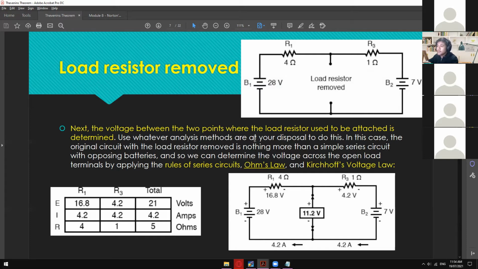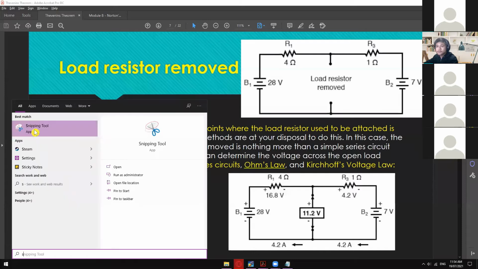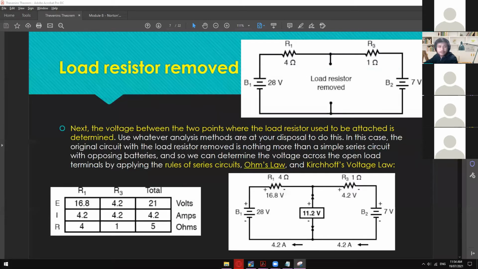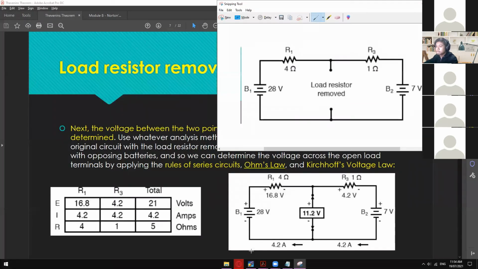Now let's have the solution for the RTH. Let me just copy this one.